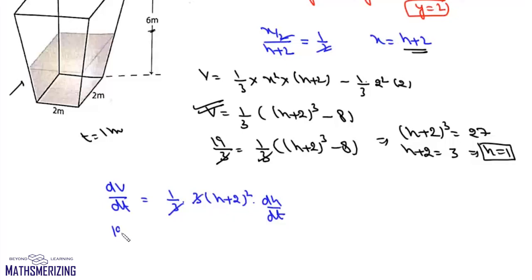Now dV by dt is 19 by 3. h is 1, so it will be simply 3 square into dh by dt. So from here we can say the value of dh by dt will be 19 by 27 meter per hour. So after 1 hour, this is the rate at which the height of the water column is increasing in the tank.